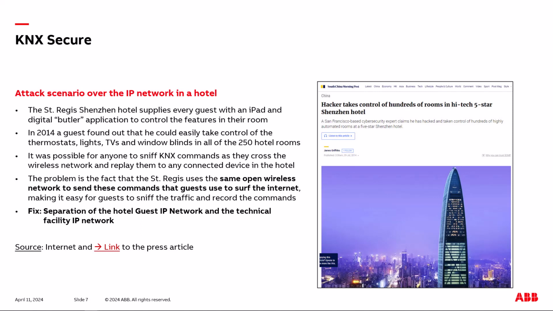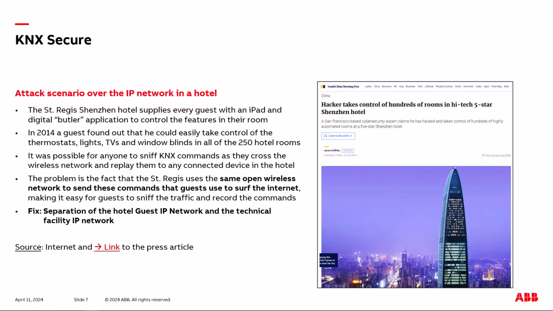So the guest could easily control all these nice features of a KNX room. But this guest found out that he could also access, via this normal network, also used for internet access, the KNX network, finally the KNX IP telegrams, and saw the traffic. And then it's relatively easy to connect an ETS. At least with a network sniffer, you can see these telegrams, but finally you connect an ETS via an interface from your laptop, and then you can manipulate something.